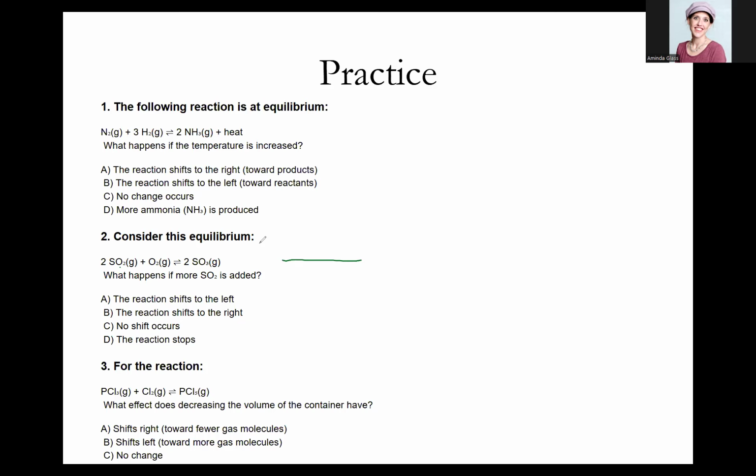Remember, we're balanced, but we've added more sulfur dioxide. Sulfur dioxide is on the reactant side, so the reactant side's heavier. So what's going to happen to the reaction? It's going to try to get rid of all that extra by making more product and pushing it to the right. So the reaction shifts to the right.